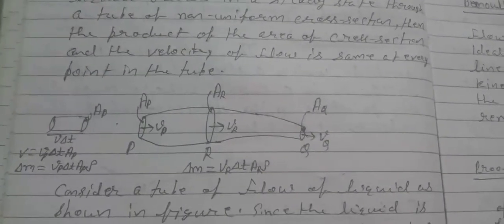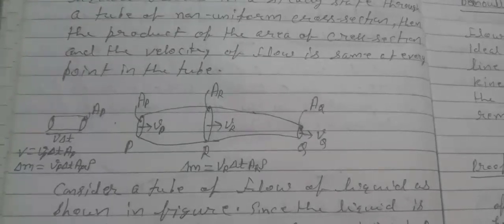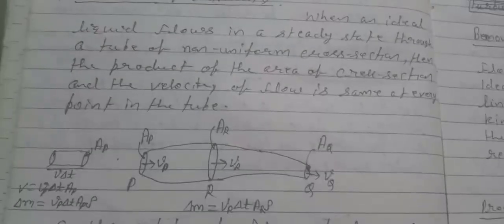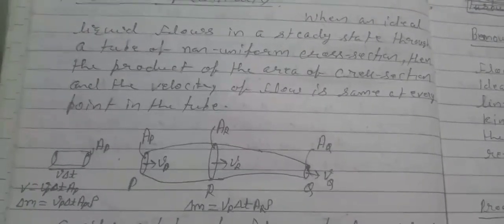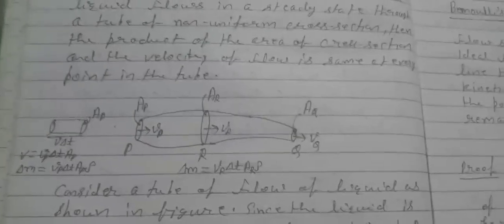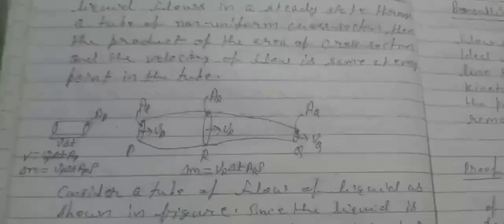Then, according to this law, the product of velocity and area at all these points will be equal. That is, Ap Vp equals Ar Vr equals Aq Vq.